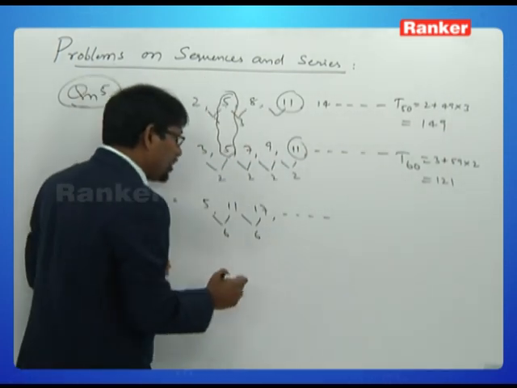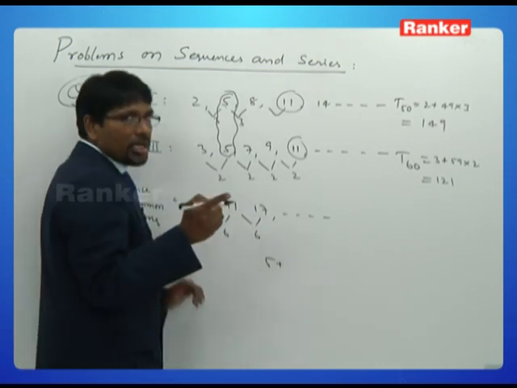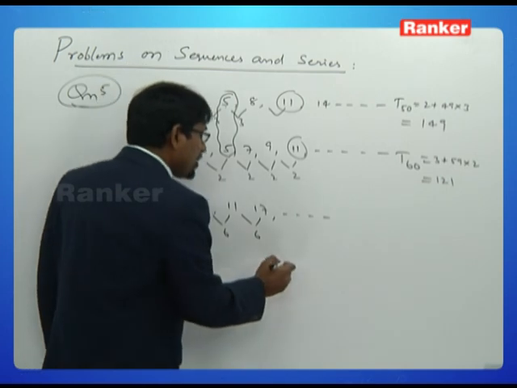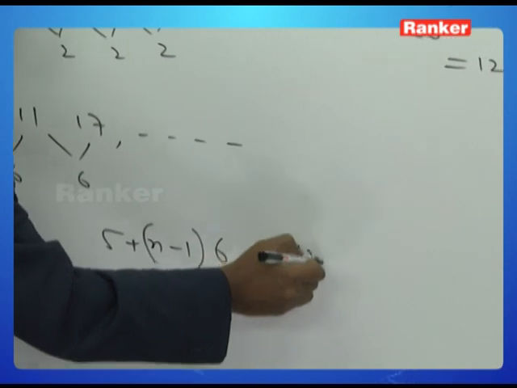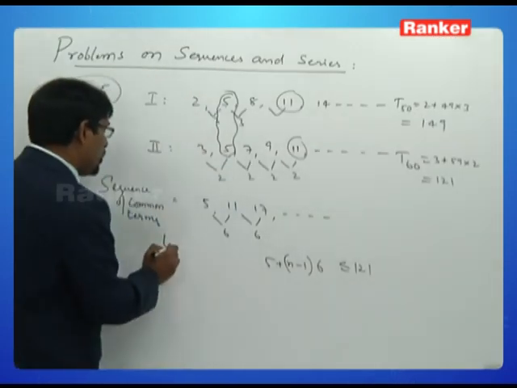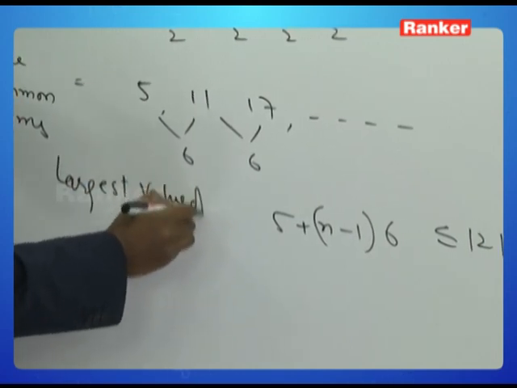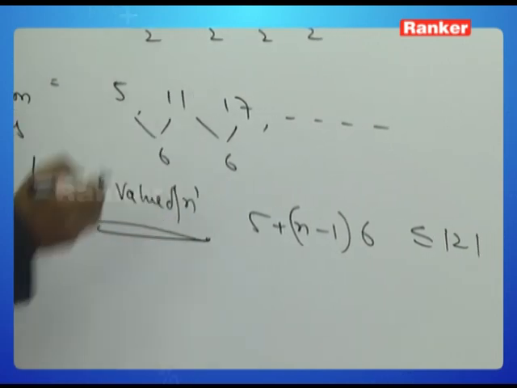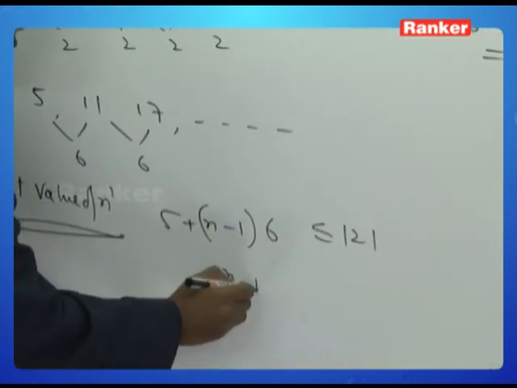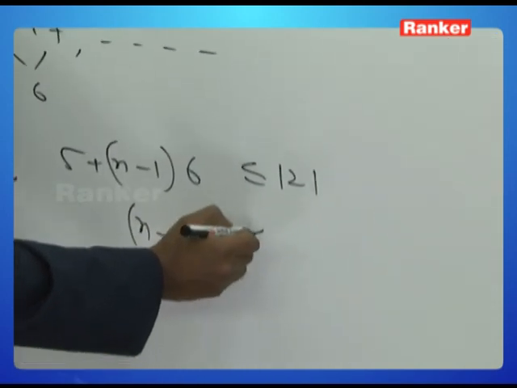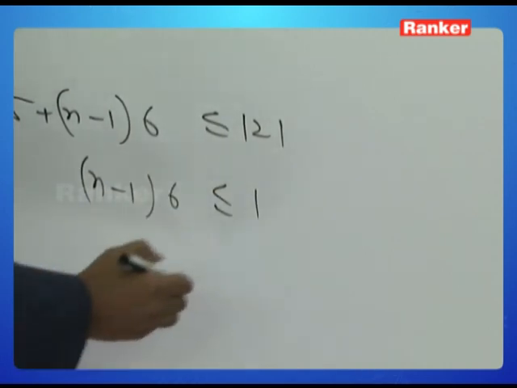So what I have to look at is the largest value of n for which 5 plus n minus 1 into 6 will be less than or equal to 121. That is, n minus 1 into 6 should be less than or equal to 121 minus 5, which makes it 116.